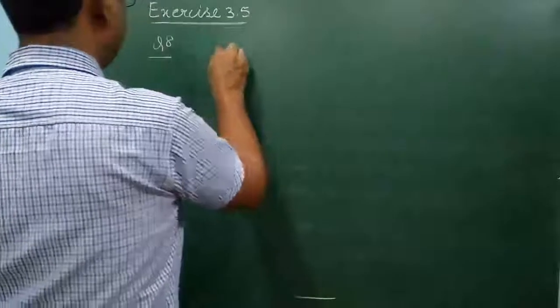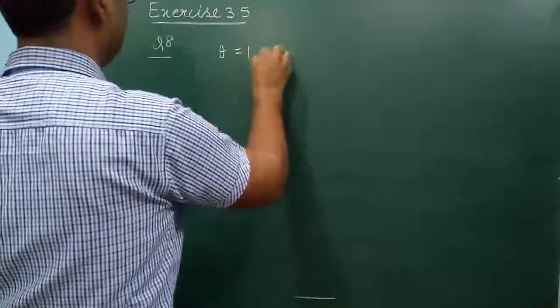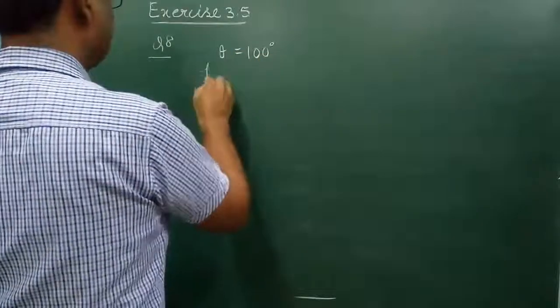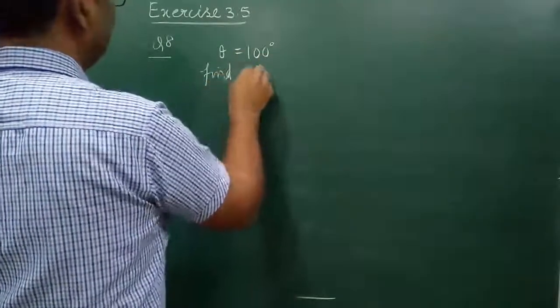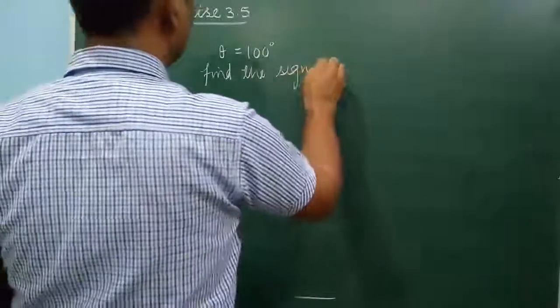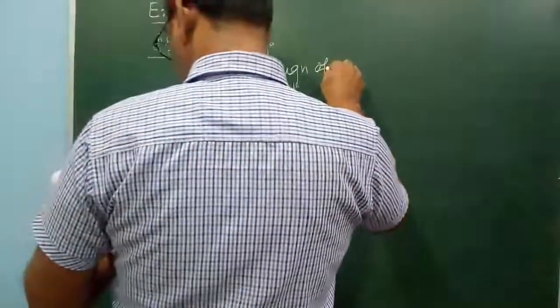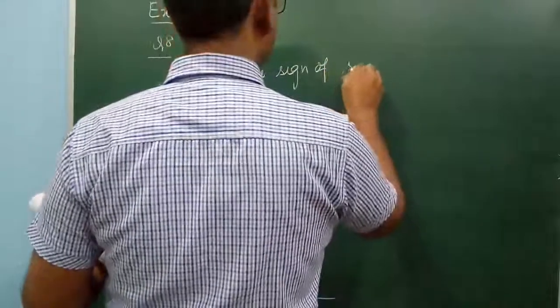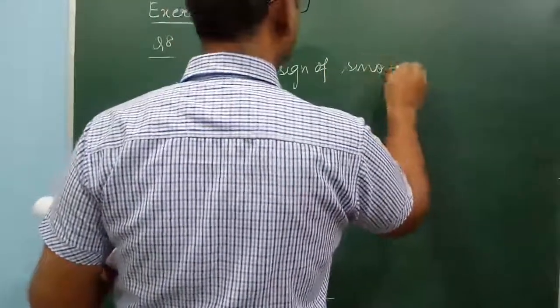Now theta equals 100 degree. We have to find sine theta plus cos theta.